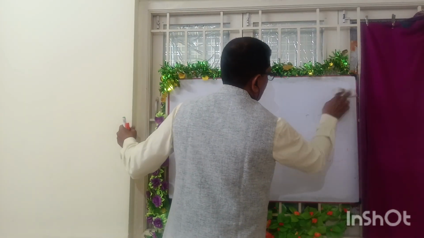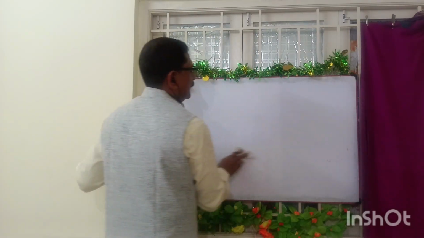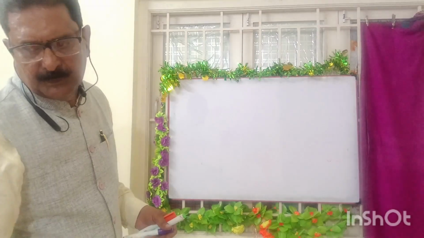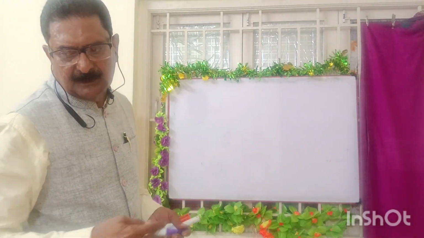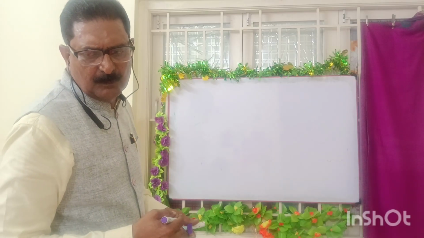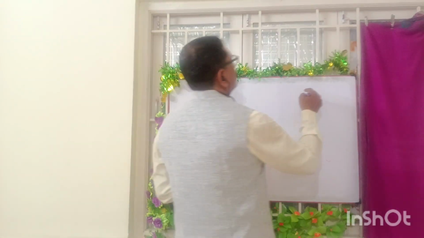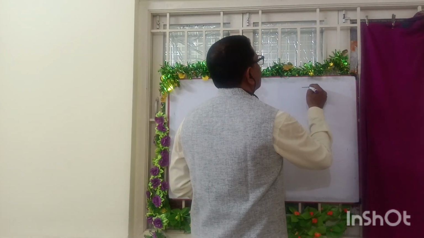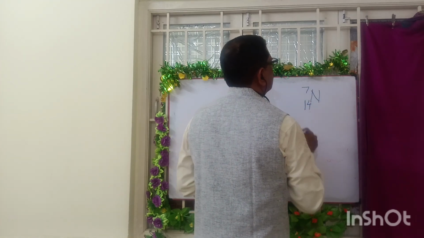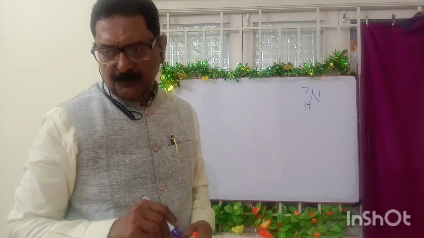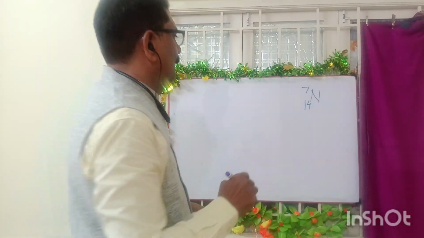Now you can guess how many electrons will be in the fifth group. That will be 5 electrons. Let us check the value with the example of nitrogen. Nitrogen atomic number is 7 and atomic mass is 14.